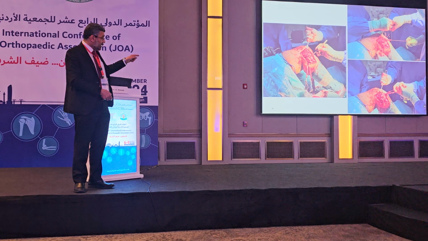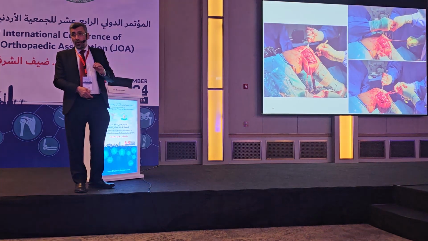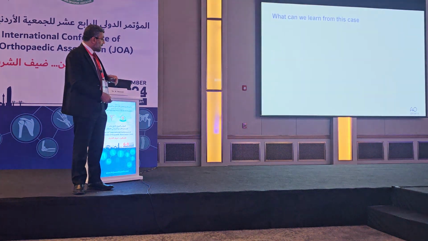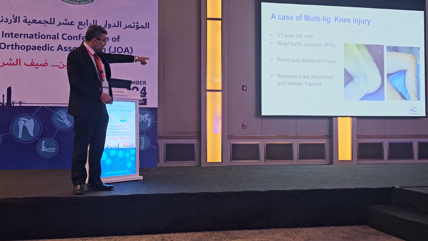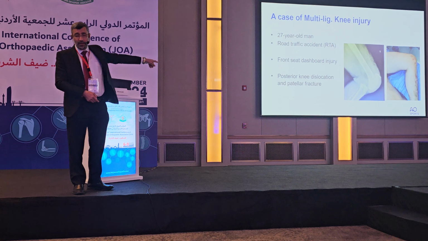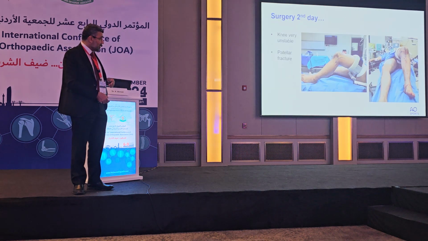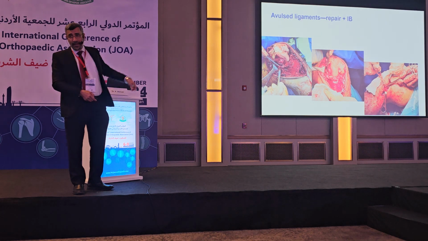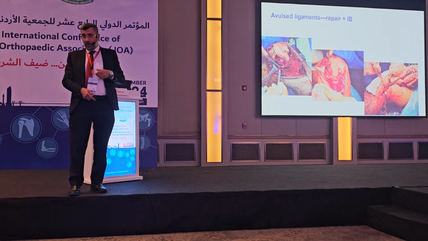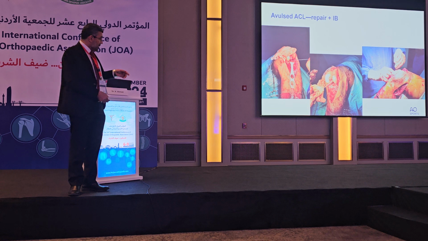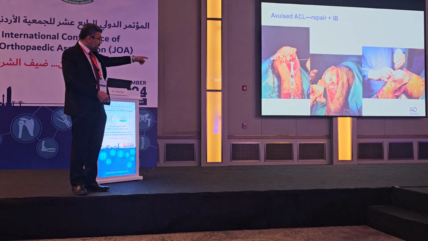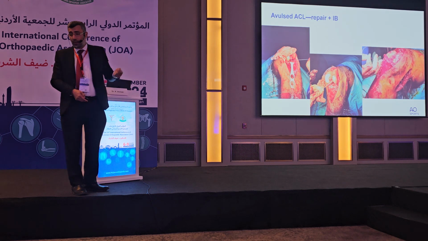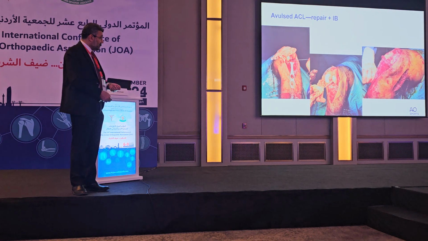And this, we have learned, shows the role of early proper treatment. Take this case, for example: four ligament knee injury, four ligament tear, posterior knee dislocation, patellar fracture. When we treated him early by augmented repair of all the ligaments, look, the MCL, the lateral, even the ACL, we repaired the ACL, which was avulsed from the tibia.